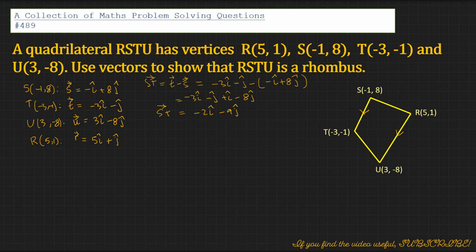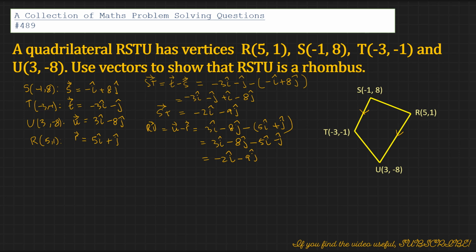Once I have ST, let me see what RU is. Is it the same? RU is U minus R, which is 3i minus 8j minus (5i plus j). That equals -2i minus 9j.